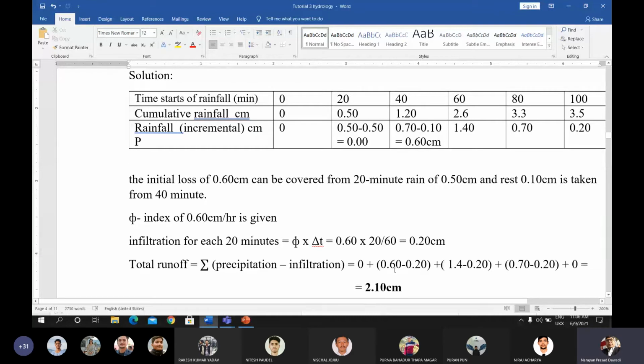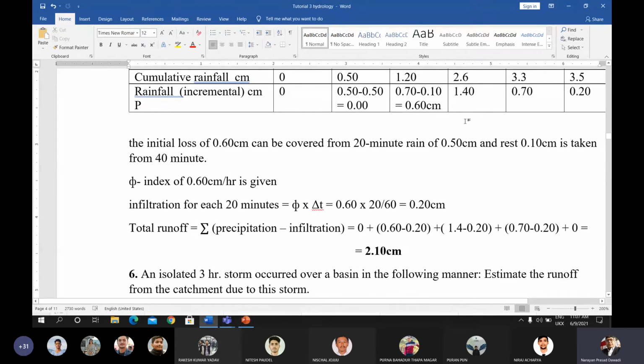For 40 minutes, the second one, 0.60 is the total precipitation after deducting the initial loss, and the depth of infiltration is 0.20, which means 0.40 centimeter is used for the runoff. For the next 20 minutes, the total depth of rainfall is 1.40 centimeter, but the infiltration is only 0.20 centimeter.